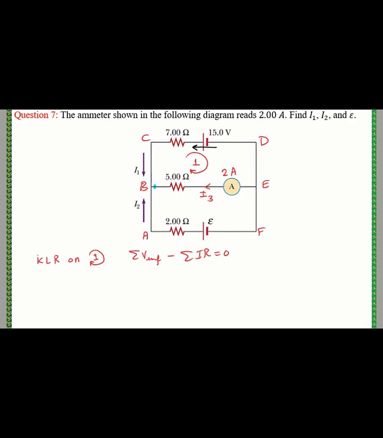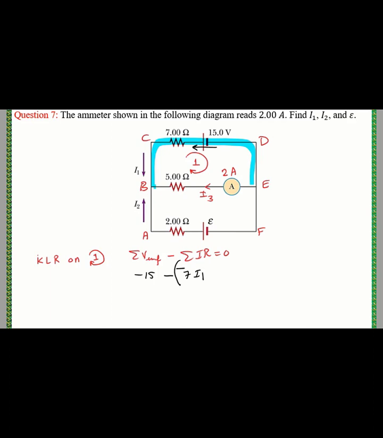So it is minus 15 minus, now the currents from B to C, the current is I1 passing through 7 ohm. It is opposite to me, so it is 7 I1 in the opposite direction, so it is negative.